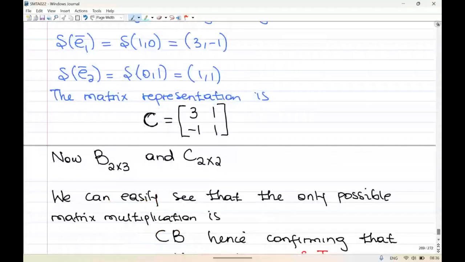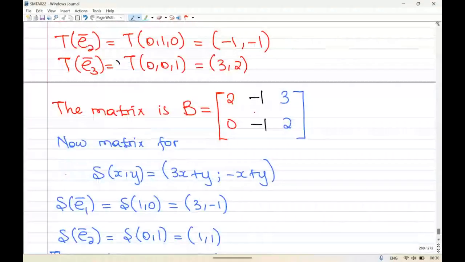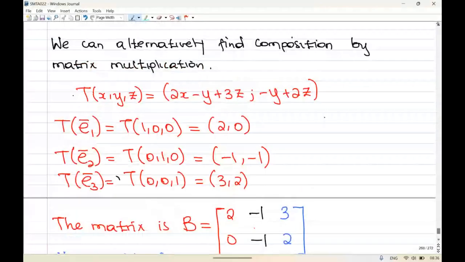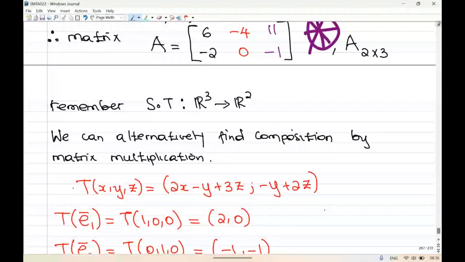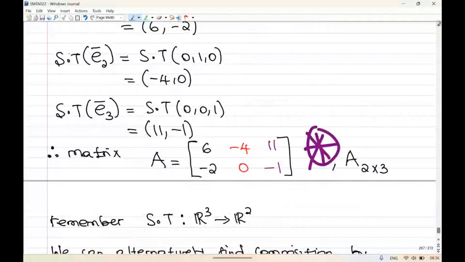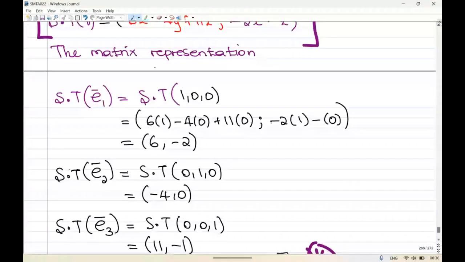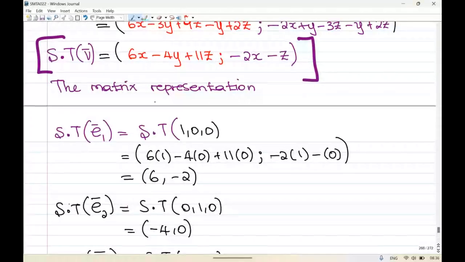The product of ST. This is T. Aha, this is the box. Is it not the one? This one must come, no? This one must be part of our test.